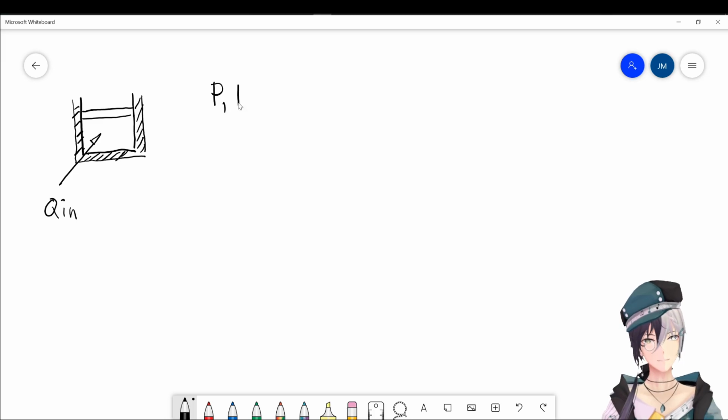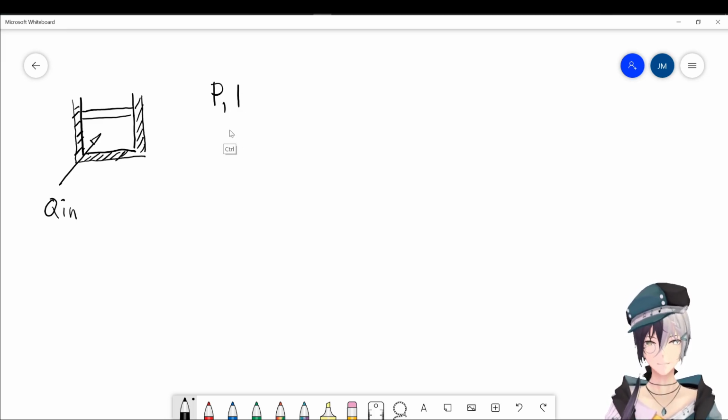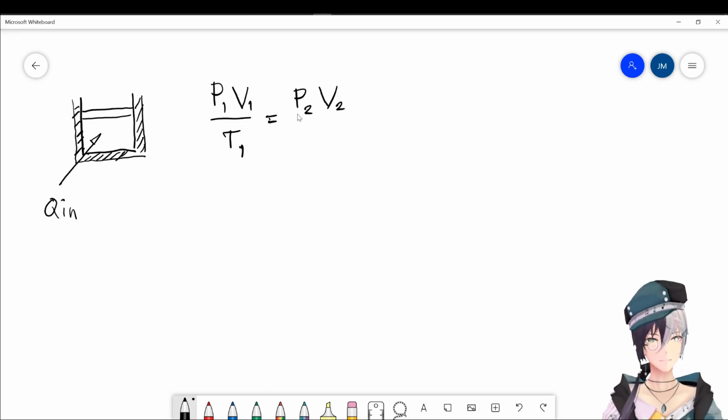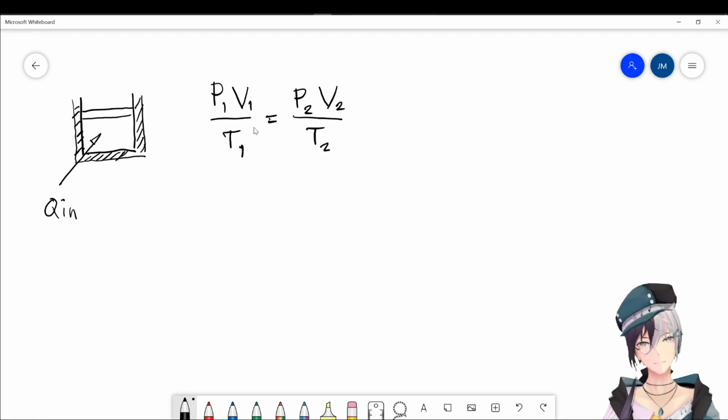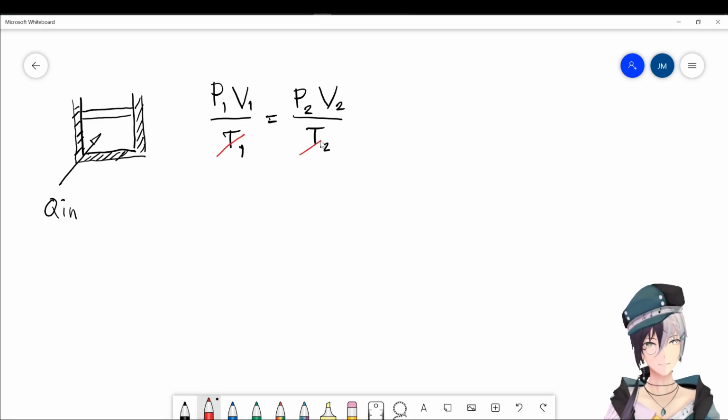So again, from this relationship, temperature 1, and then pressure 2, volume 2, temperature 2. For isothermal process, temperature is constant. So we cancel this out.